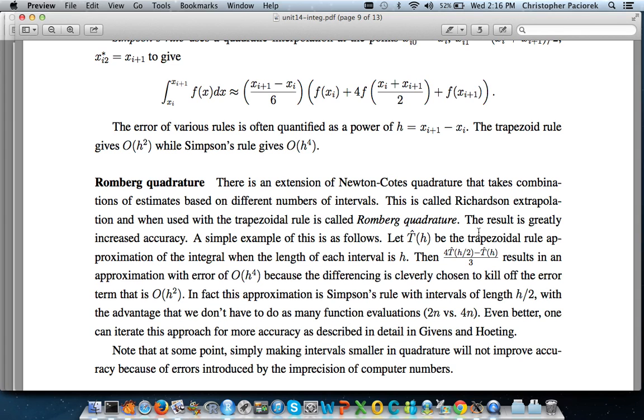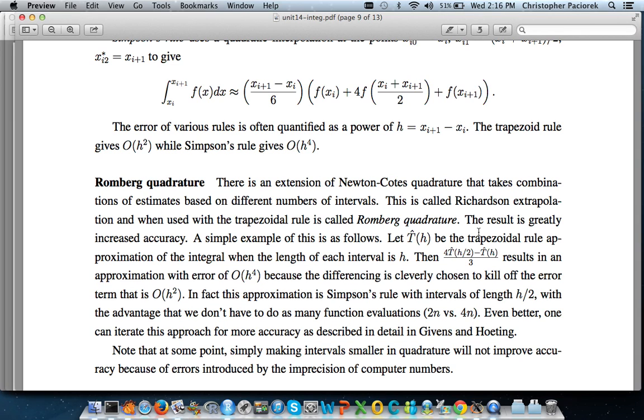But if you notice this and say, well, I could cleverly take 4 times this minus 1 times this and divide by 3, what that means is t hat at h is equal to t plus this, and t hat at h over 2 is equal to t plus this term. And if I subtract these two terms, I get 4 times t minus t, over 3, because I've moved the two t's to the other side, multiplying 4 times this one and just 1 times this one.